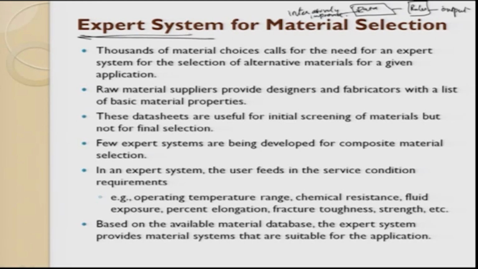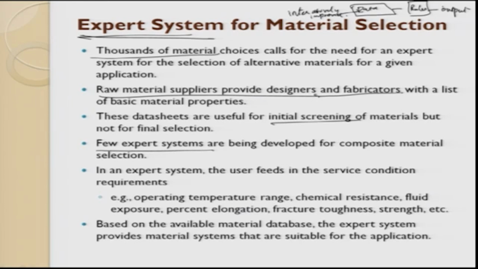The expert system is used for material selection. In an expert system you will have thousands of materials available. The raw material supplier provides the designer and the fabricator whatever information they want, and initial screening of the material can be done very fast. There are only a few expert systems available.